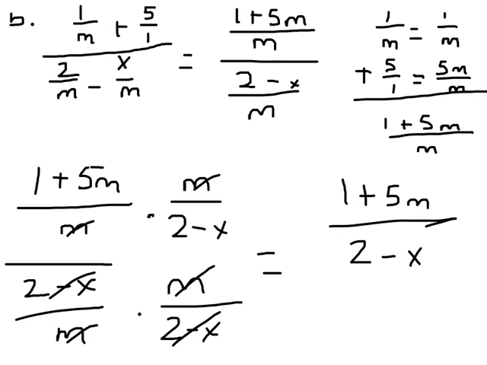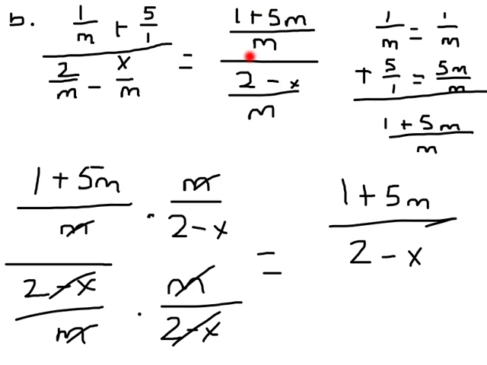Alright, here's one that looks like a lot of work. I have 1 plus m plus 5, and that 5 was a whole number, so I just made it 5 over 1. And then all of that is going to be divided by 2 over m minus x over m. Now this one is the easy one. It already has a common denominator of m, so I'm just going to simply change it to 2 minus x over m.